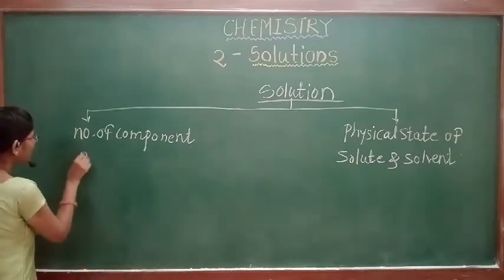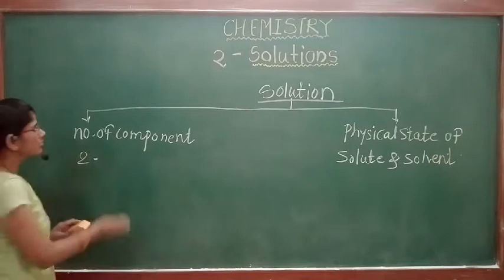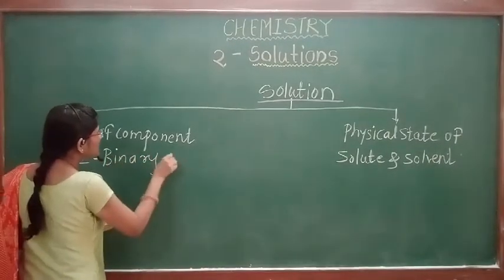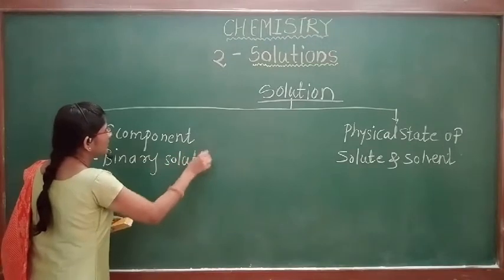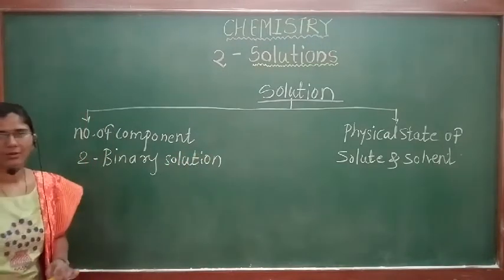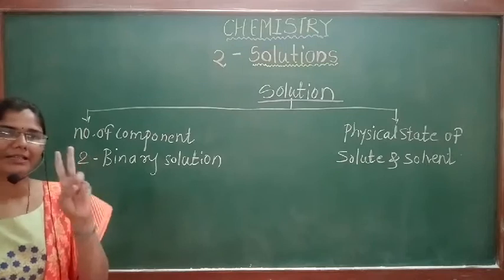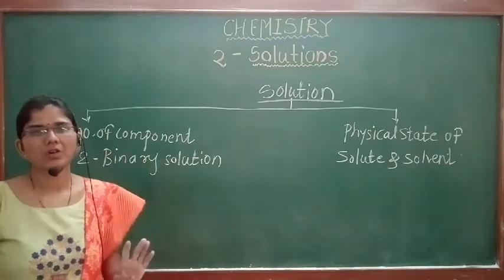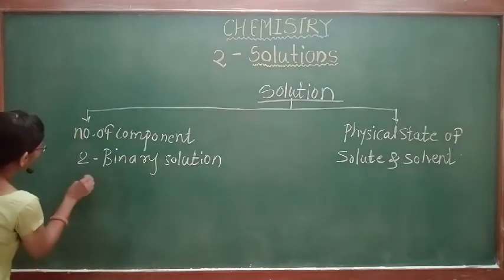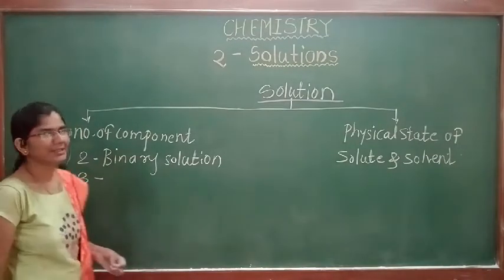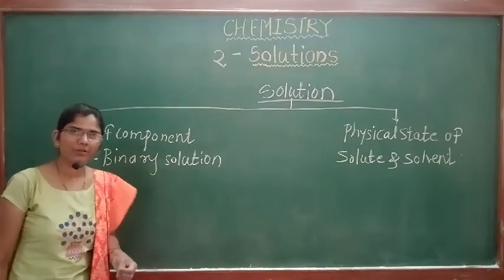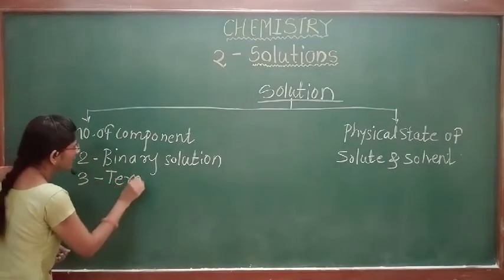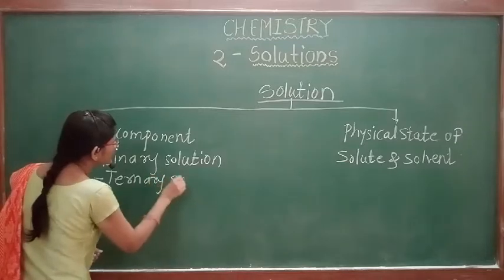If the number of components are 2, then that solution is called a binary solution. Binary means only 2 components are involved to form a solution, one solute and another one a solvent. If the number of components are 3, then the solution formed is called a tertiary or ternary solution.